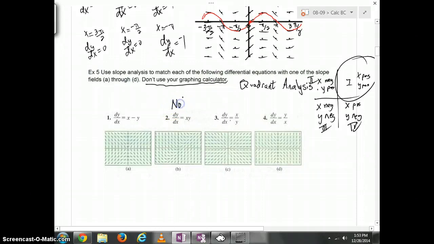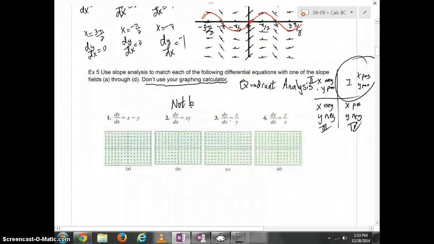So I can tell you immediately that the slope field for number 2 cannot be answer choice B. And we know that, of course, because that first quadrant must have all positive slopes for that differential equation. You're seeing something negative there.